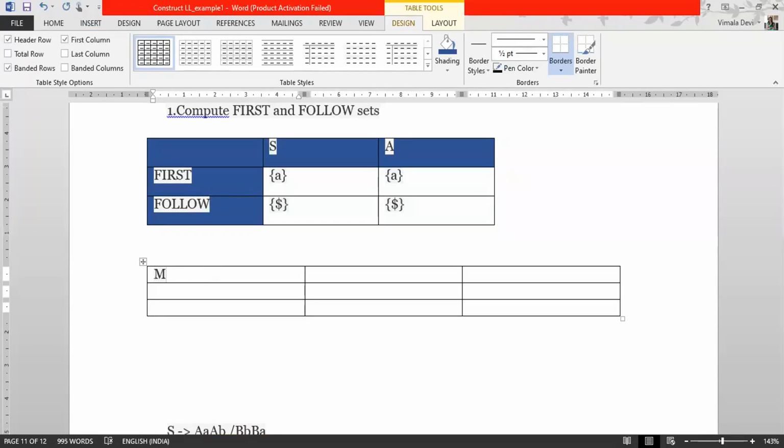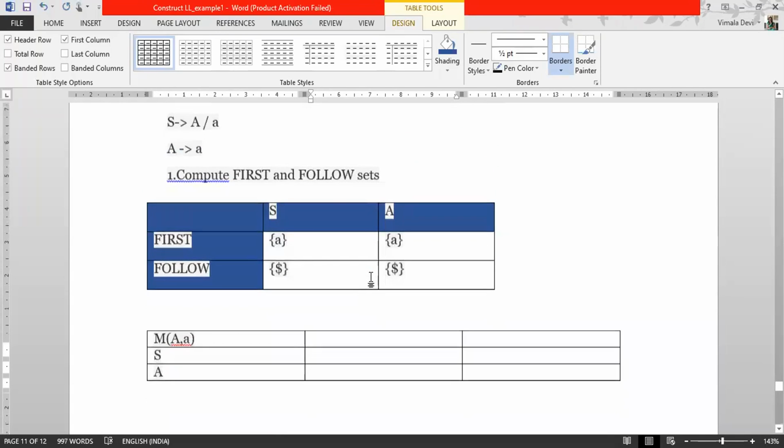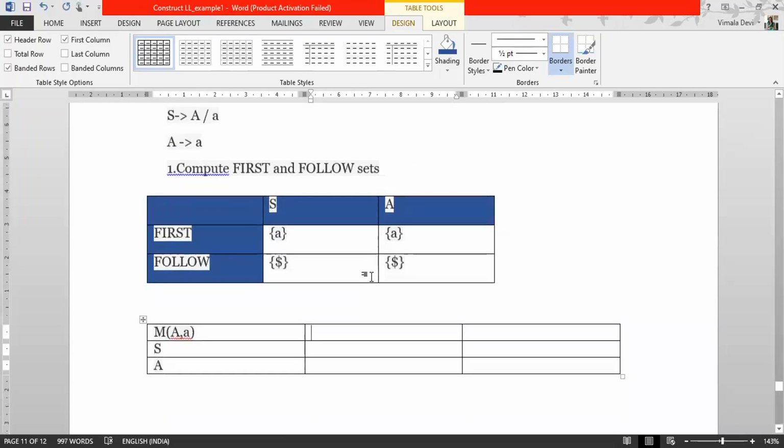The name of the parser is M. Row represents the variable. Column represents the terminal. So row must contain S as well as A. The column must contain what are the terminal symbols present here. In LL1, by default, you have to include the dollar symbol.